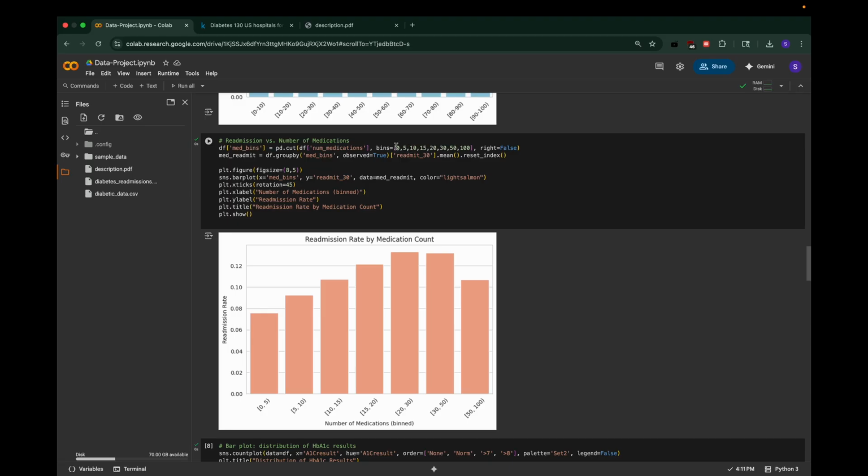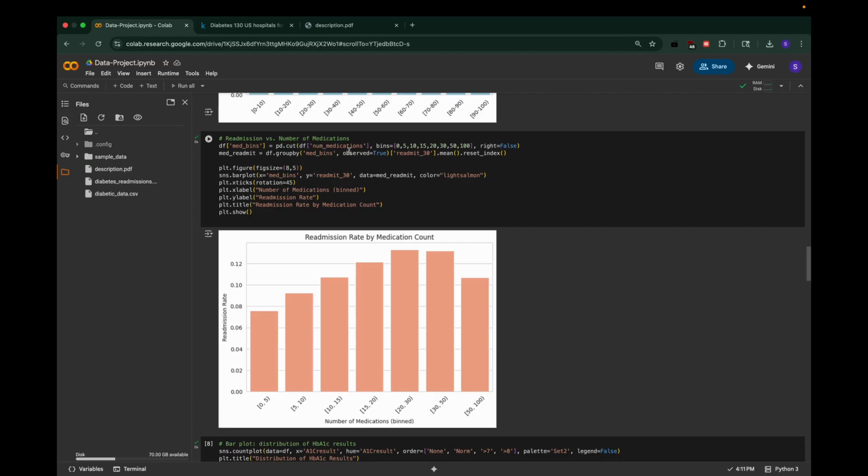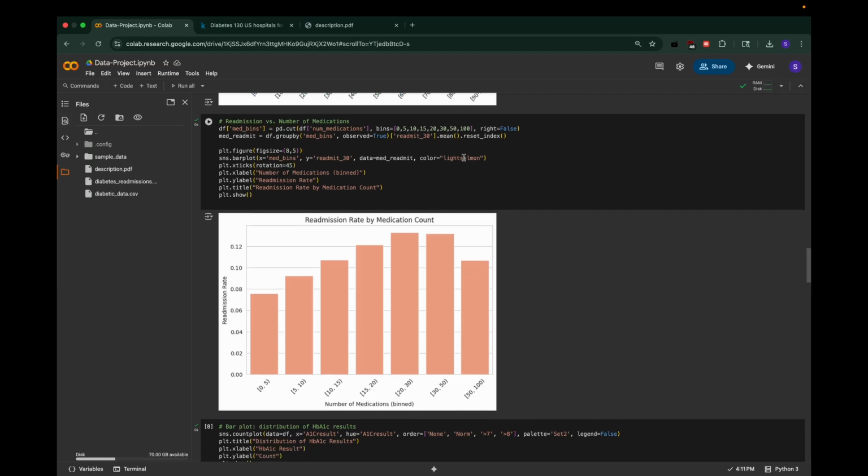If you take 3 medicines, you go in the 0 to 5 interval. If you take 13 medicines, you go into the 10 to 15 interval. Then this line groups the data by the medication bin and calculates the mean readmission rate for each bin.